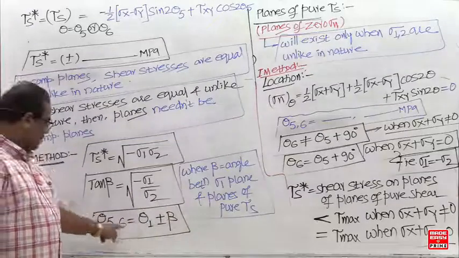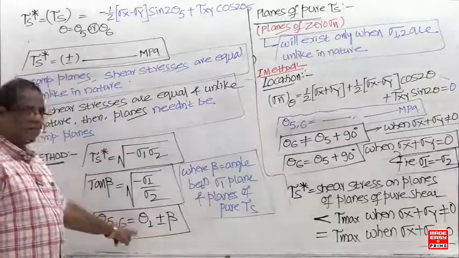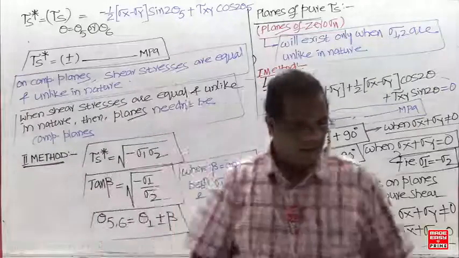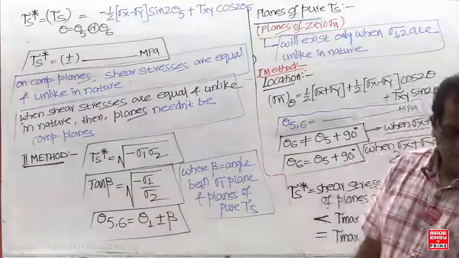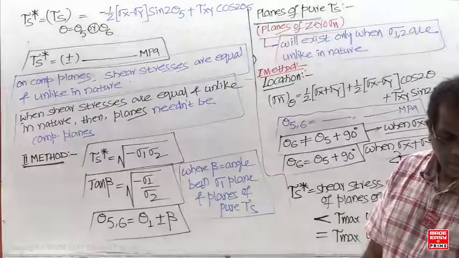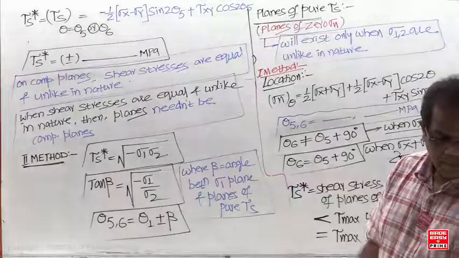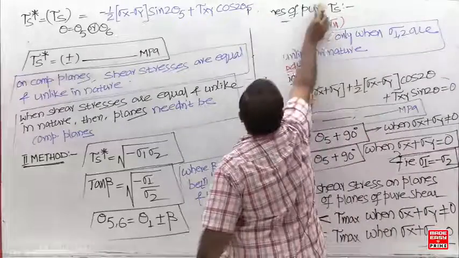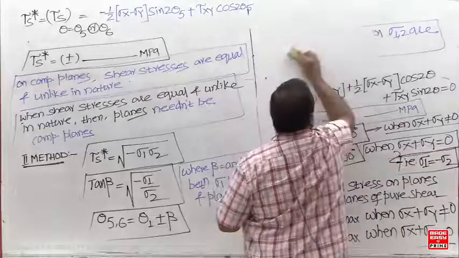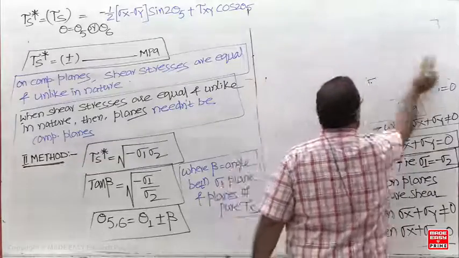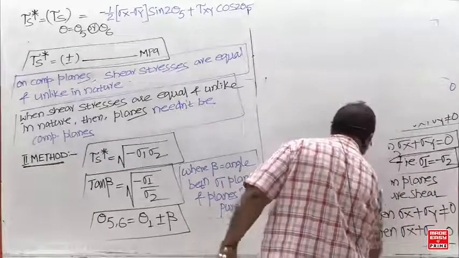Then theta 5 and theta 6 are theta 1 plus or minus beta. Now I am going to show that beta here.